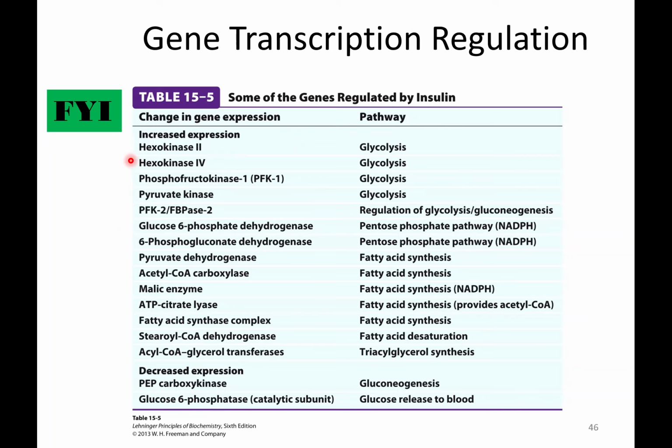And one of the reasons insulin is so complex is you can see that there's a number of different genes that are regulated by insulin. Okay, the genes that are increased in expression are generally those involved in glycolysis, right? Hexokinases, phosphofructokinase, pyruvate kinase. So all of those regulated steps are increased by insulin.